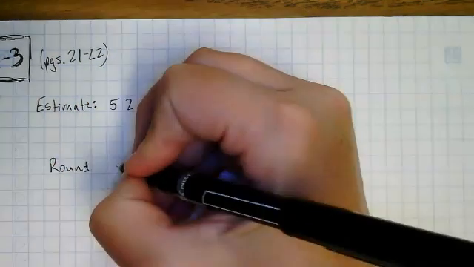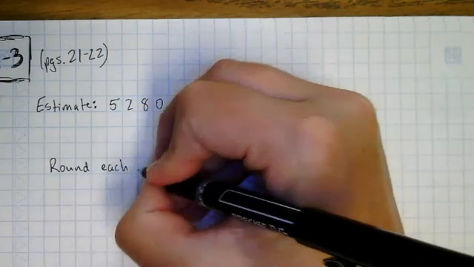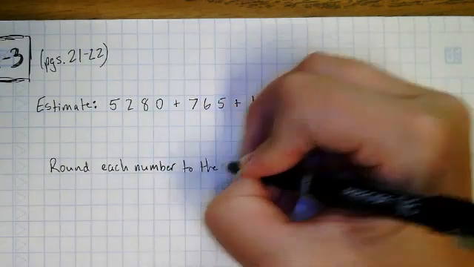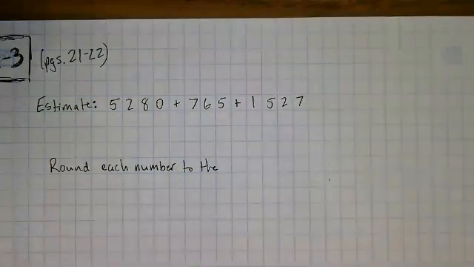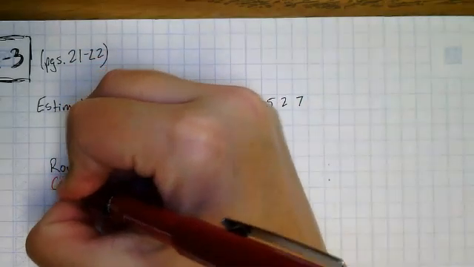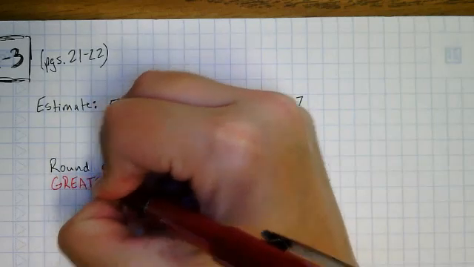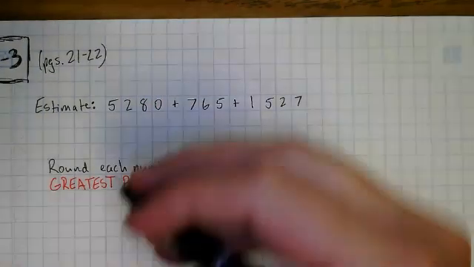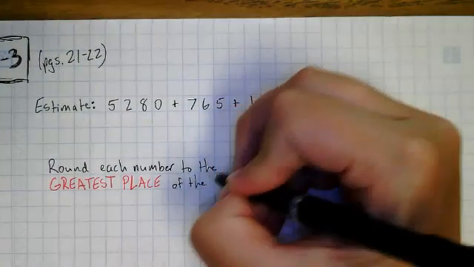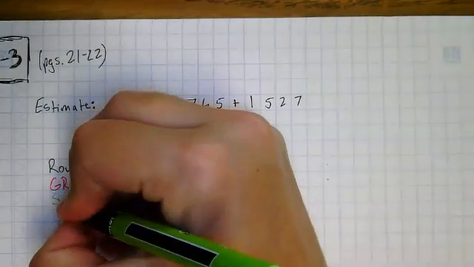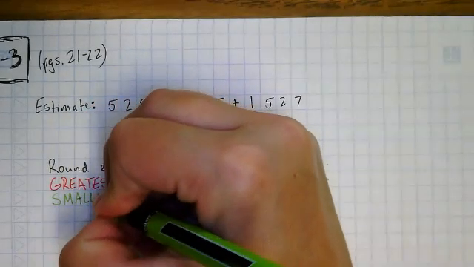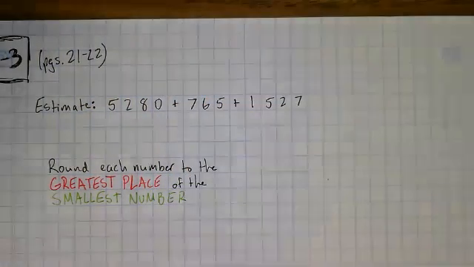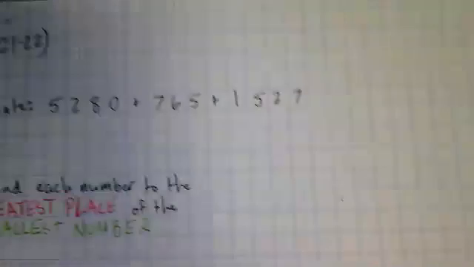We want to round each number to the greatest place of the smallest number. What does that mean? That's a great question. Get it written in first, and we'll talk about it in just a second.